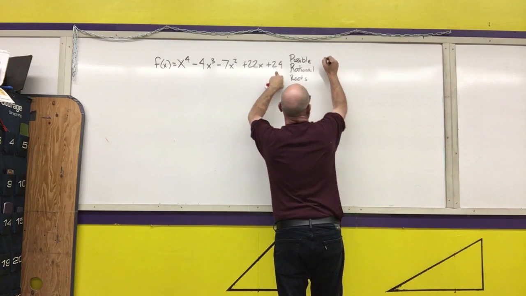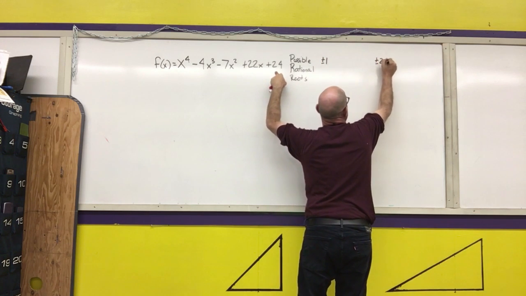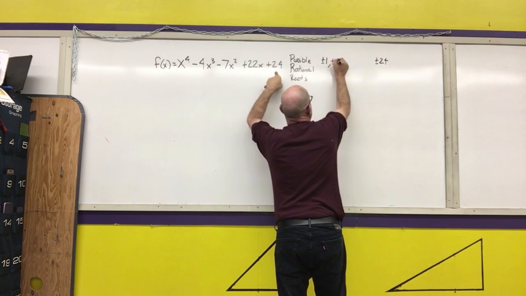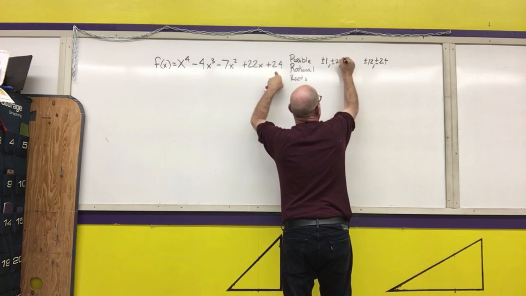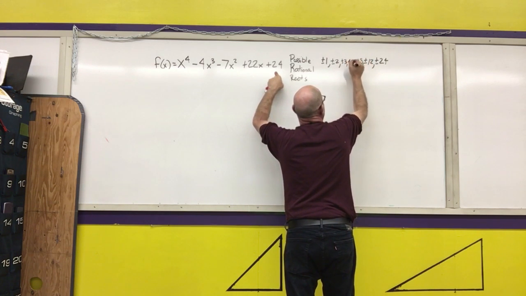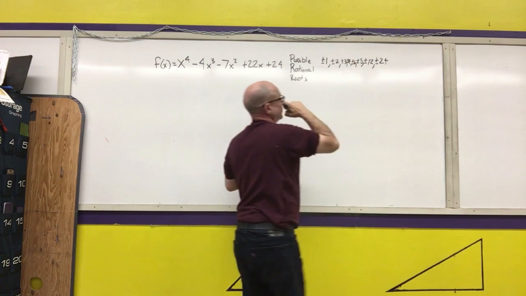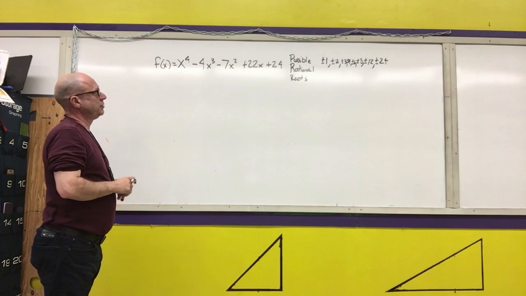My factors of 24 are plus or minus 1, plus or minus 24, plus or minus 2 goes with 12, 3 goes with 8, and 4 goes with 6. So those are all of my possible rational roots for this function.